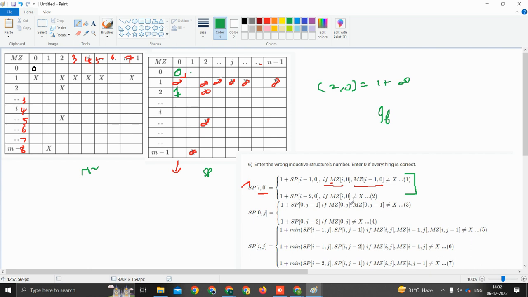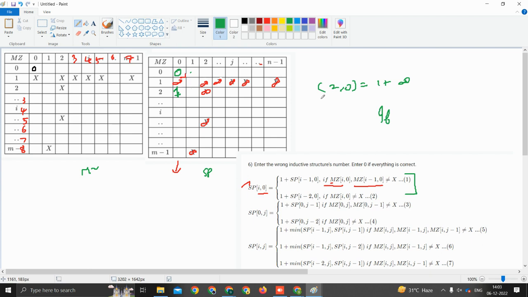We have 1 over here. Then we'll be adding 1 to 0 comma 0. That means in 0 comma 0 we'll be having 1 now. That's what we are doing.